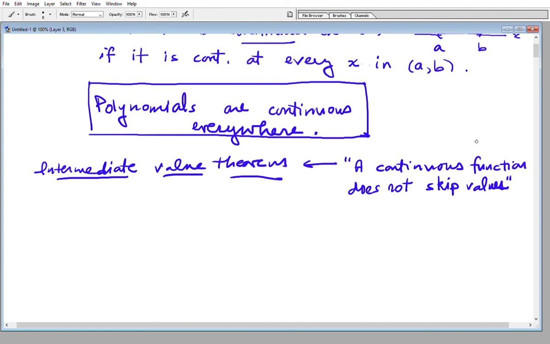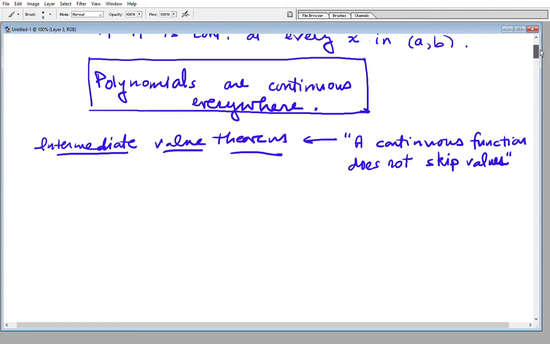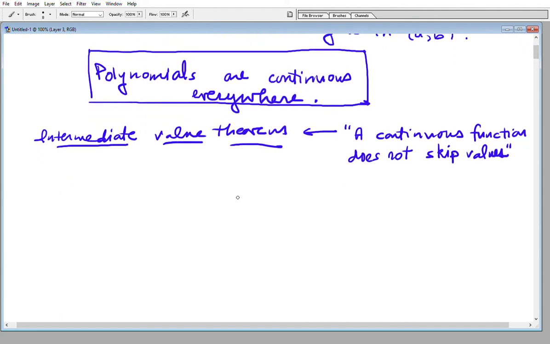So let's say we use that example, and like I said, I'll write out the intermediate value theorem. Let me write out the theorem.